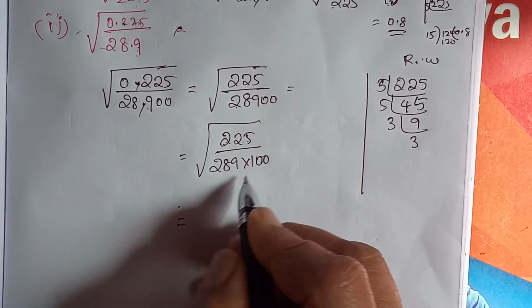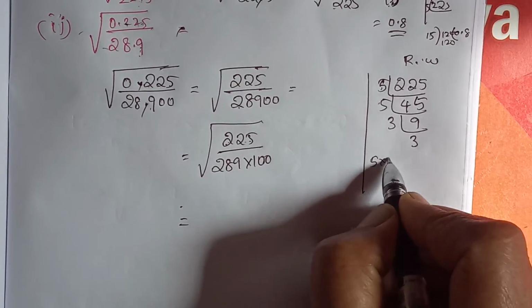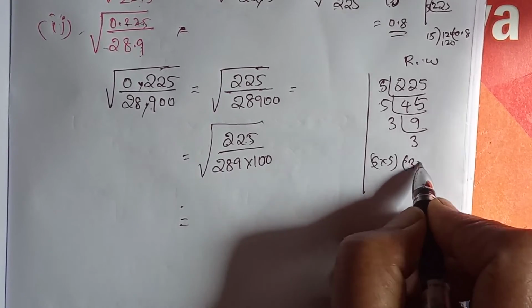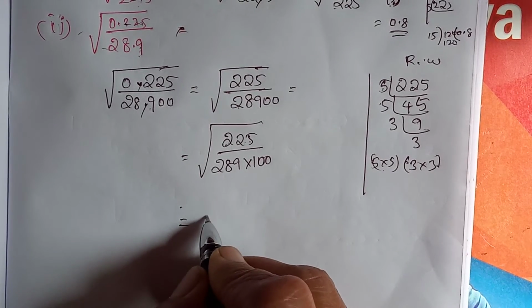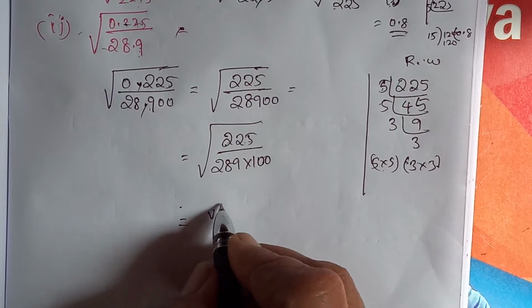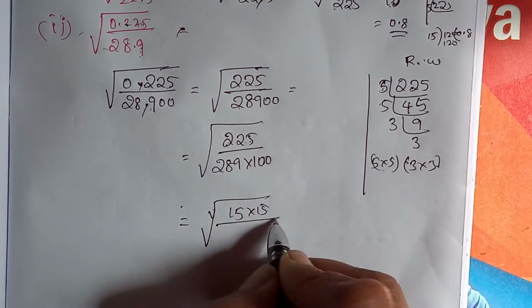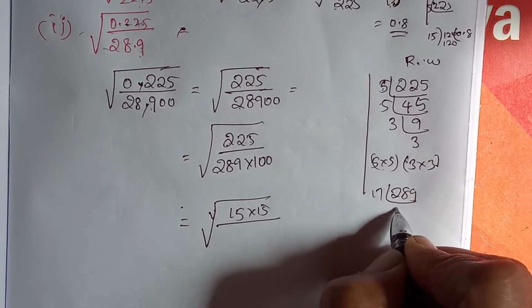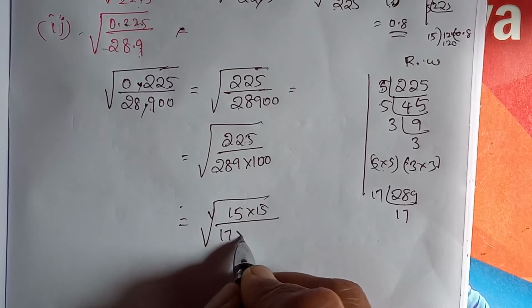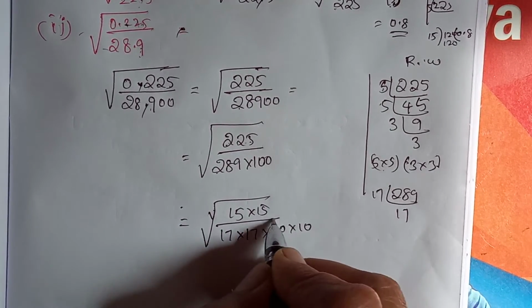So 225, how can we write? 5 into 5, 3 into 3. So this can be written as square root of 15 into 15 by 289. 289 is nothing but 17 17s, 17 into 17. 100 can be written as 10 into 10.